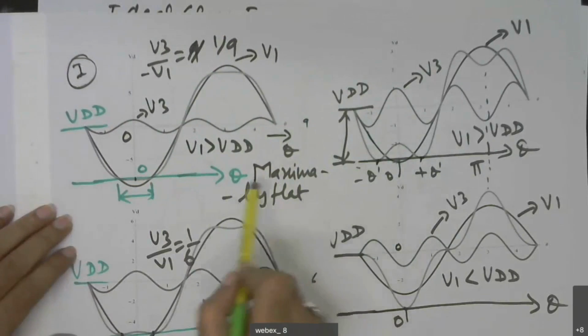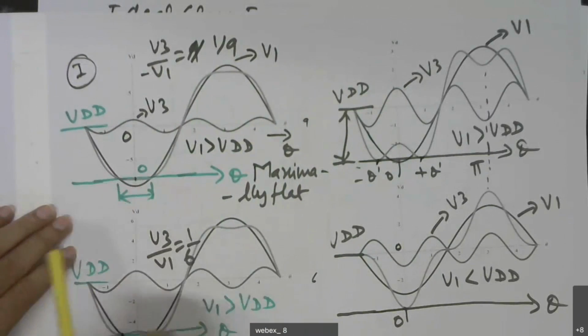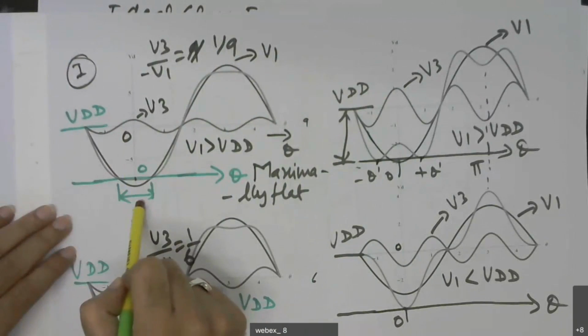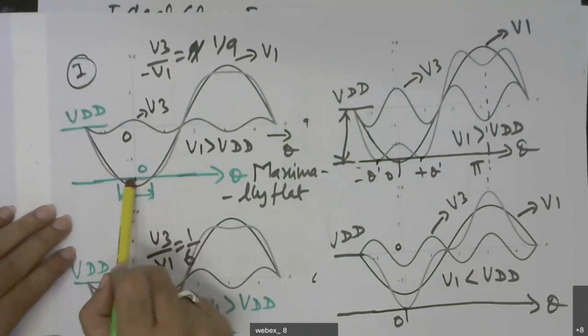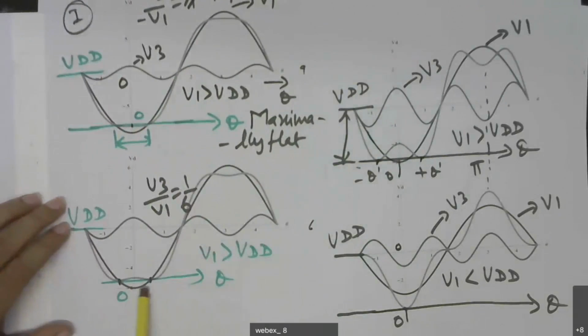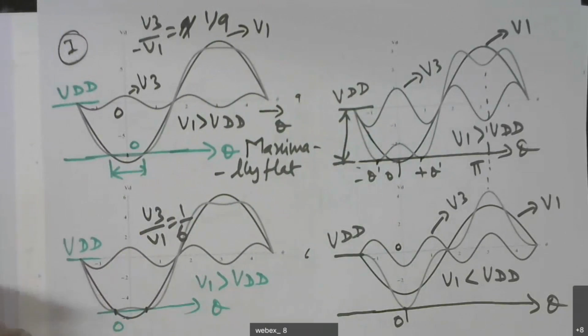Maximally flat waveform has its higher derivatives also 0 at the point where the waveform is flat. Each of the individual sinusoids will definitely have first derivative 0 at the peak and at the bottom, but not the second derivative. But this resultant waveform will have even the second derivative 0. So that is why we take the opposite sign.